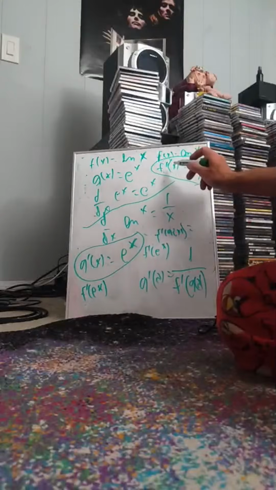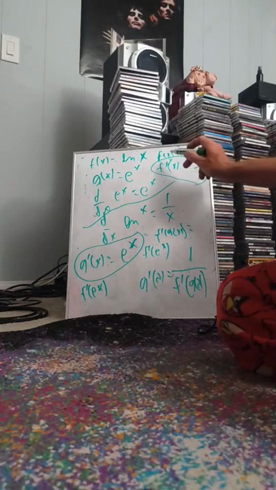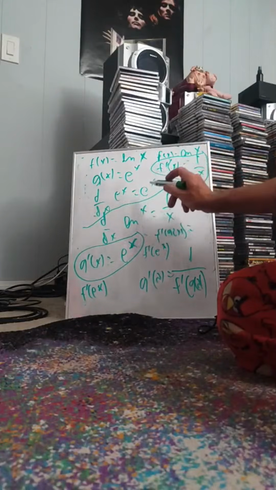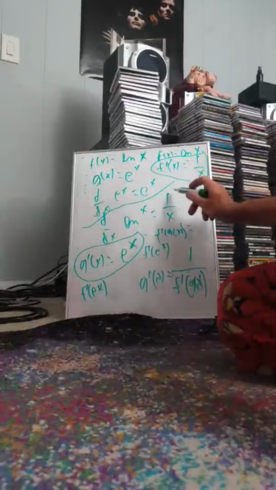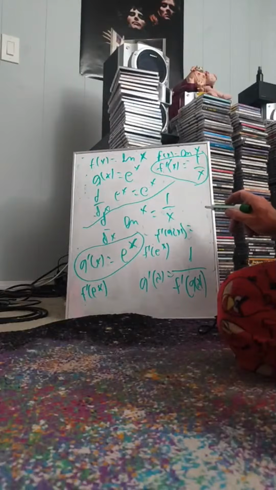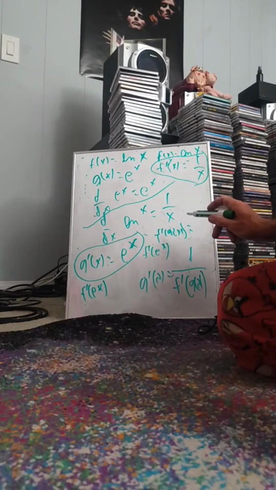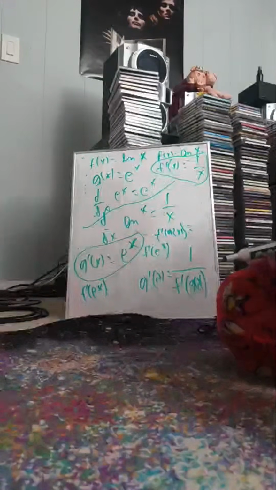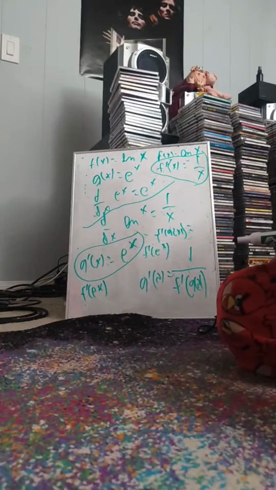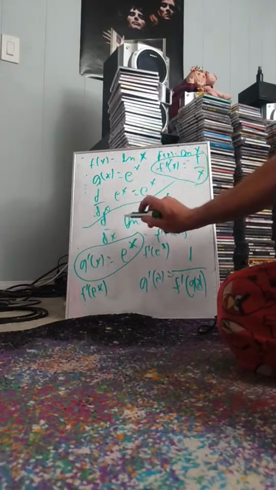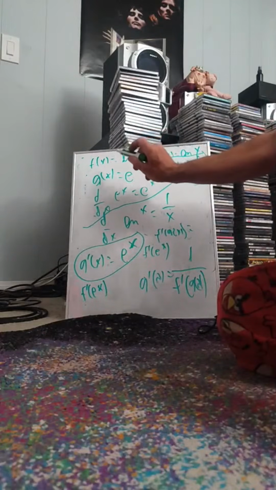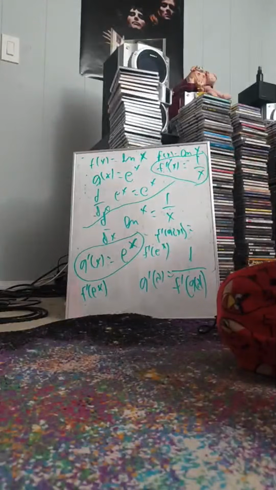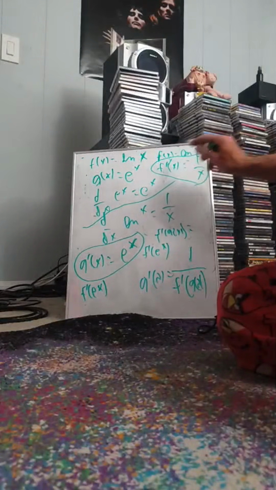If f of x is log x, f prime is 1 over x. Got it. f prime of x is 1 over x.